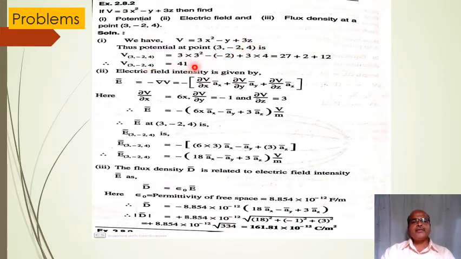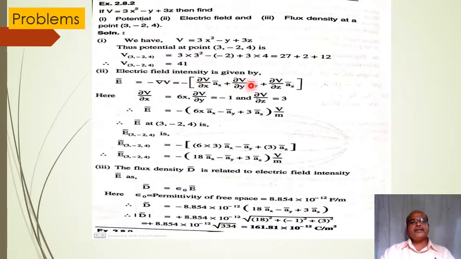We get 3 into 3 square, minus y which is minus of minus 2, then z is 4. So V at 3, minus 2, 4, we will get 41.